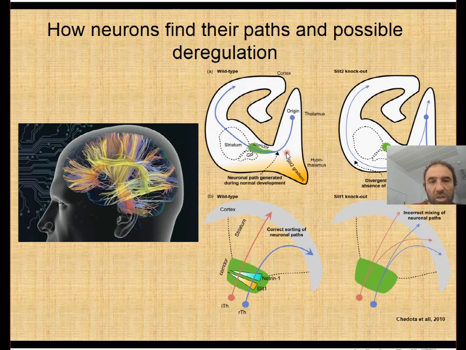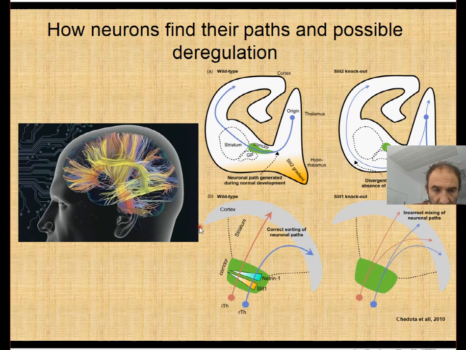If for some reason a gradient of morphogens, called slit morphogen, is dysregulated, then neurons are misrouted. That is, they are going to go in different directions, which can cause various problems of brain wiring and has a consequence for brain function.